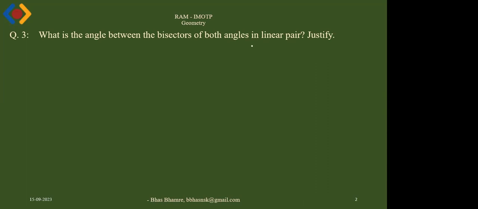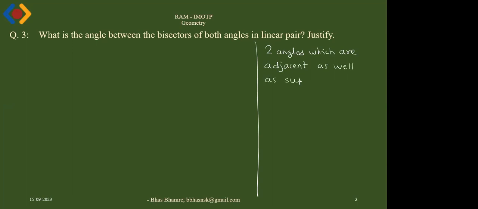Here I can give you a brief idea: two angles which are adjacent as well as supplementary. That is the definition of angles in a linear pair: two angles which are adjacent as well as supplementary.